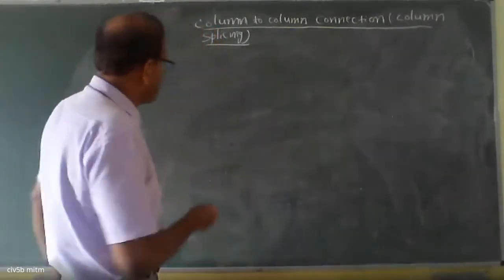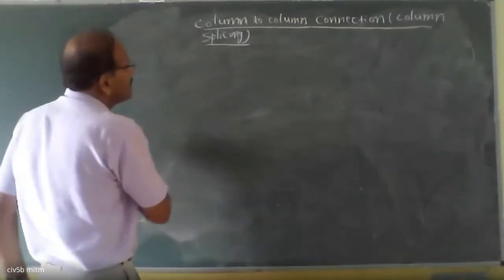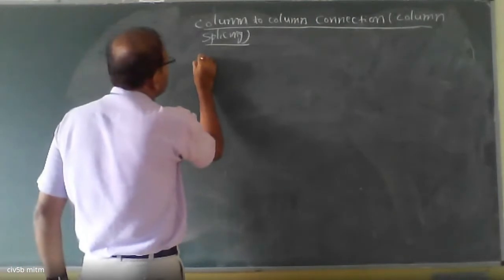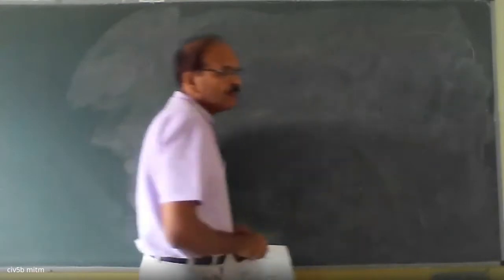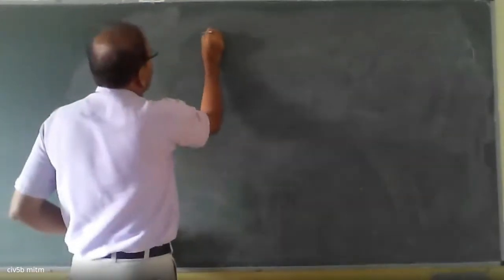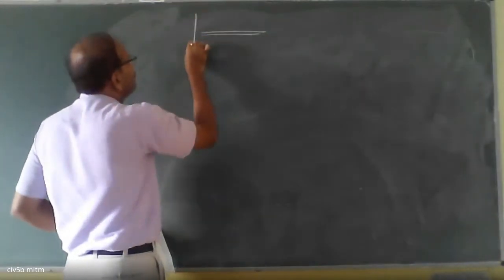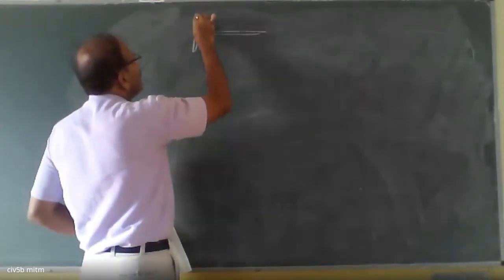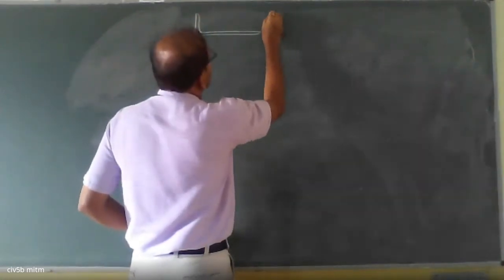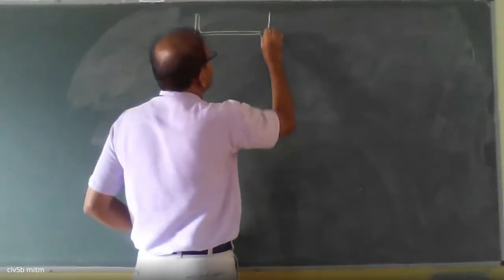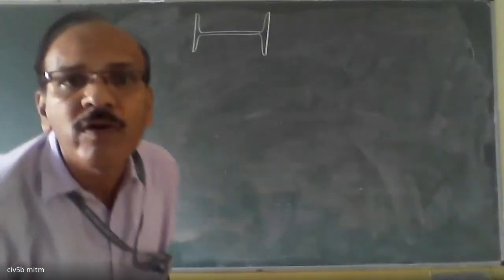So let me take an example. Let us take this I section. I'm going to rub this off, I need some space. When I am looking from the plan, this is the way I am going to see it.